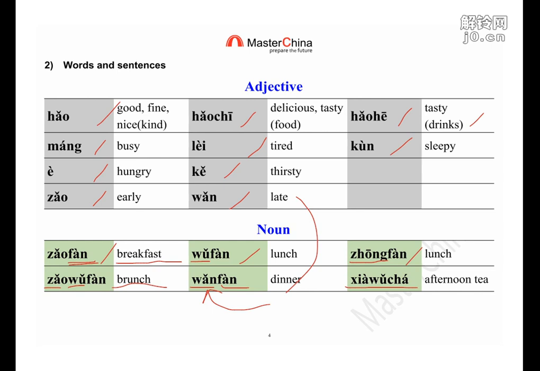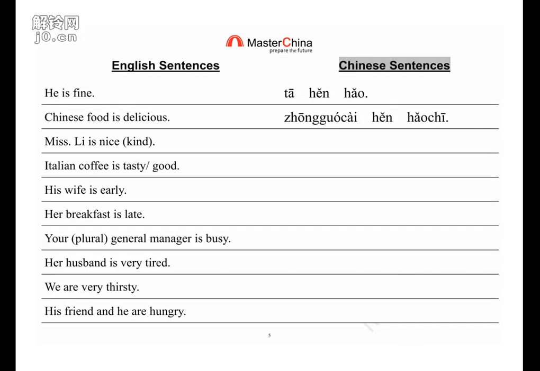Okay, now we have enough adjectives and some new nouns to practice what we learned today. That's how to give an opinion and make a comment with the adjective. So look at this sample sentence.